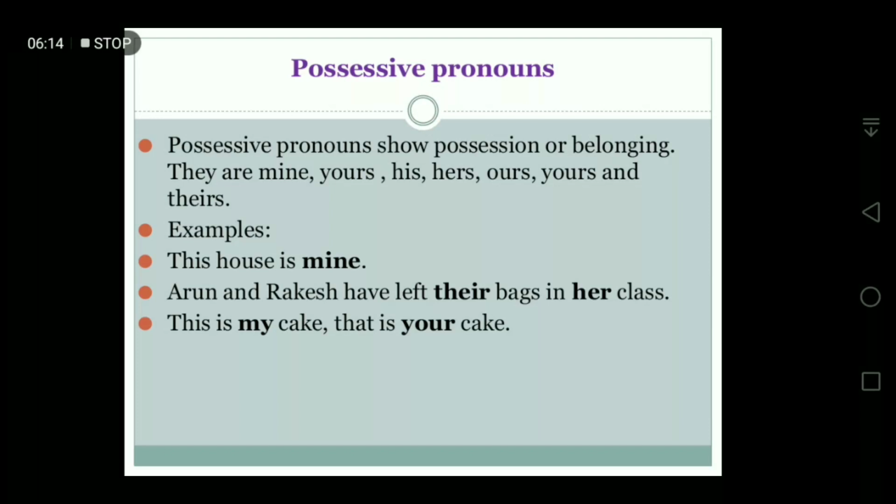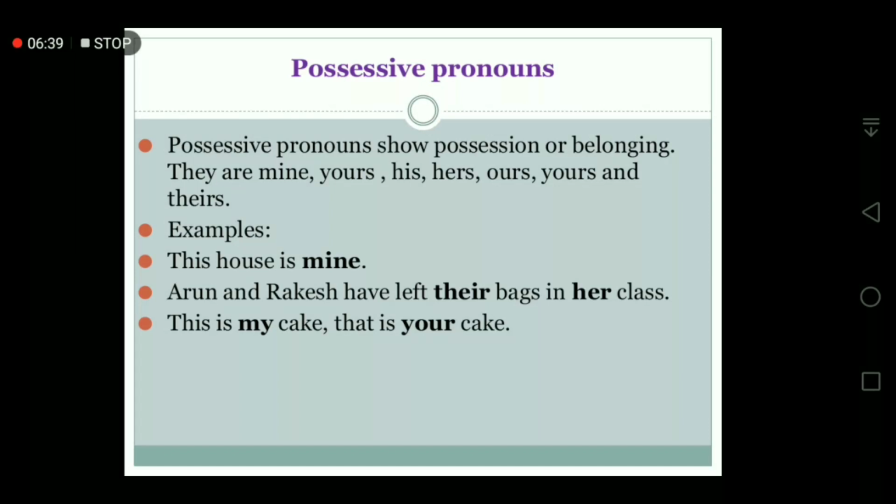They left their bags in her class, meaning someone's class. Here their and her are possessive pronouns. Their bags shows the relation between Arun and Rakesh. So whose bag is it? It is Arun and Rakesh's.